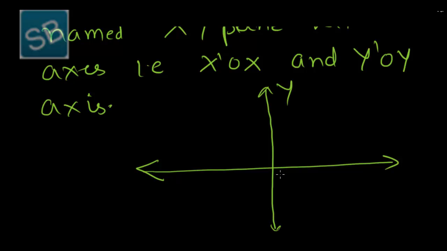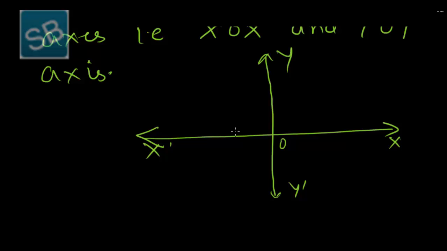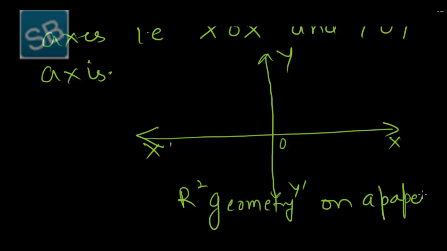This is y dash and this is x dash. That is two-dimensional geometry, that is R-square geometry on a paper can be easily drawn, and these lines are perpendicular to each other.